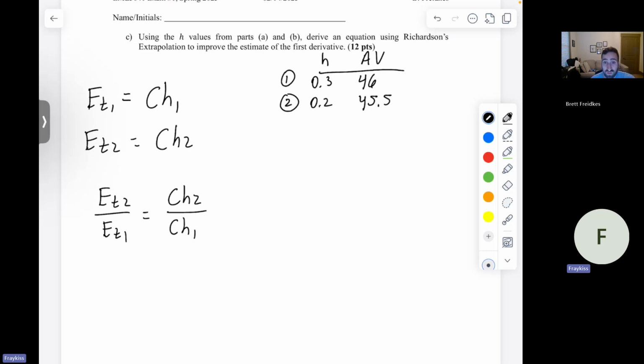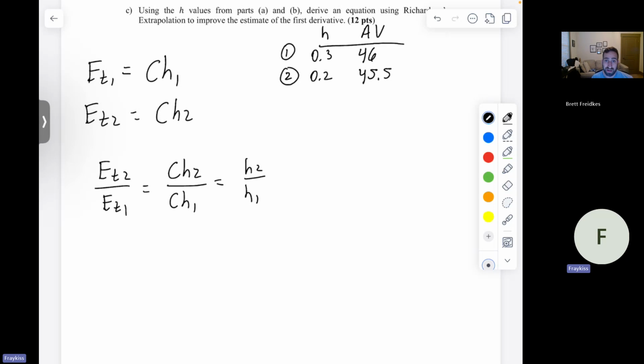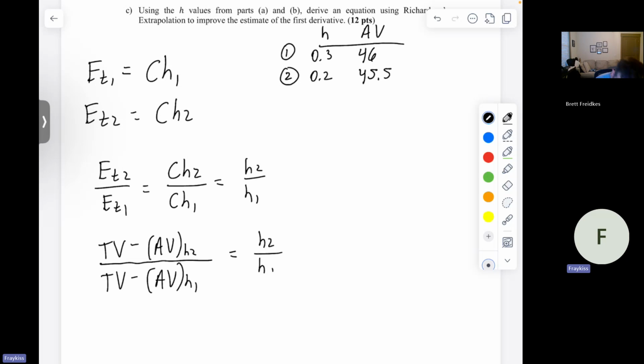Now, when I do this division, the constants are going to cancel. And now I can substitute in my errors. So the true value minus the approximate value at H2 divided by the true value minus the approximate value at H1 will be equal to H2 over H1.